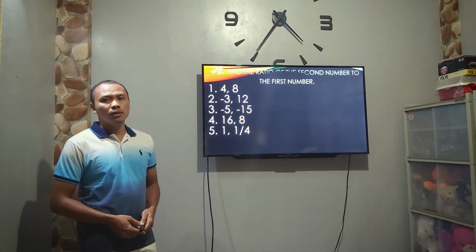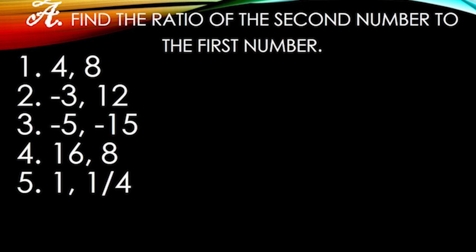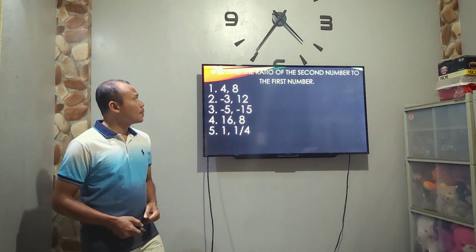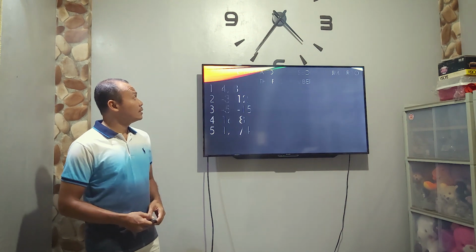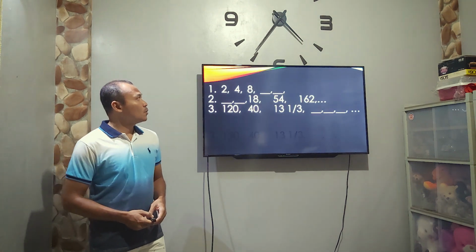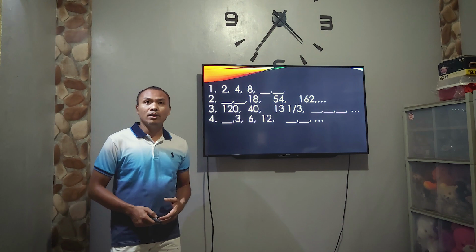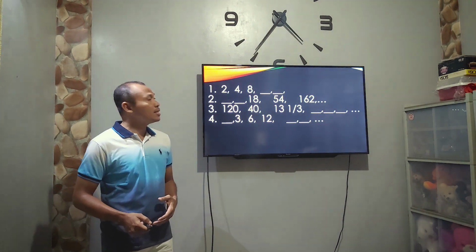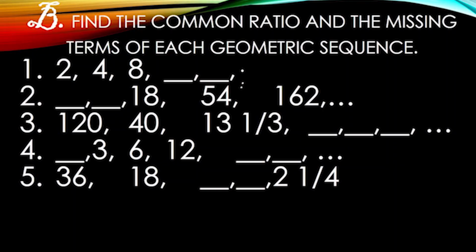You have to find the ratio of the second number to the first number. And for the next, also, you have to identify the common ratio and fill in the missing numbers to complete the given sequence.